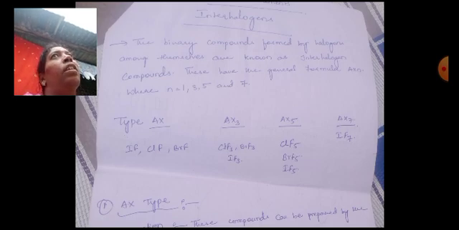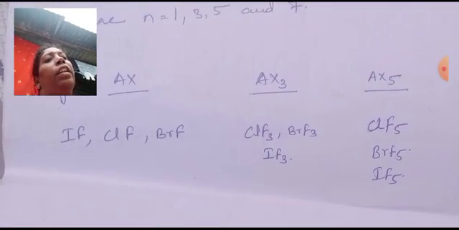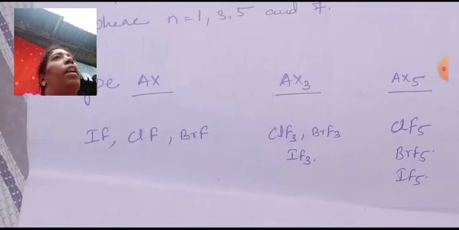The formula is n equal to 1, 3, odd numbers. So there are 4 types: AX type, AX3 type, AX5 type, and AX7 type. Coming to the AX type, chlorine fluoride you can take as example. It's a linear shape, AX type, and its preparation is by direct combination.